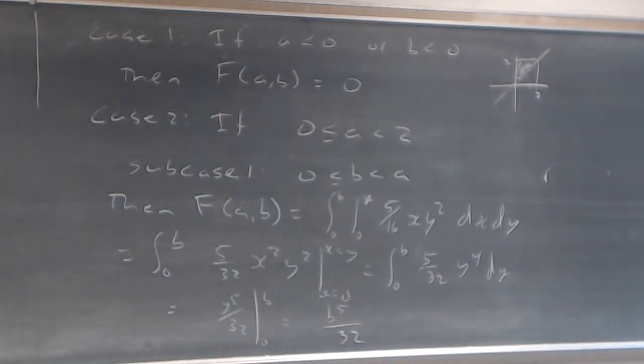The next part, for the next region in the xy plane for which we're going to find the joint CDF, is the subcase where b is bigger than or equal to a, but less than 2.